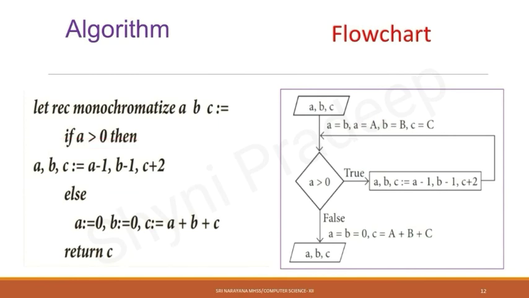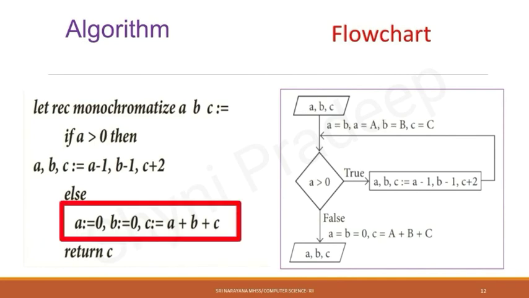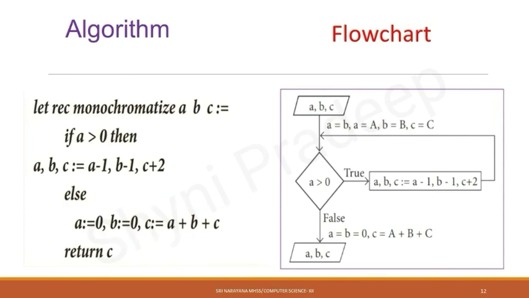If that condition is false, then execute the else part, that is A is equal to 0, B is equal to 0, C is equal to A plus B plus C. When the condition becomes false, you will get the output. So it returns the result. So this is about the Chameleon problem using functions.